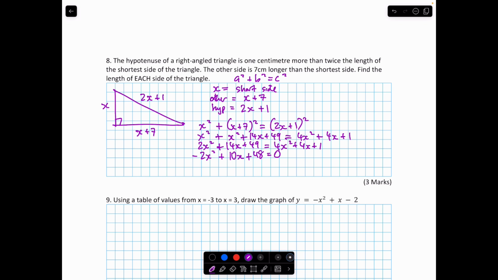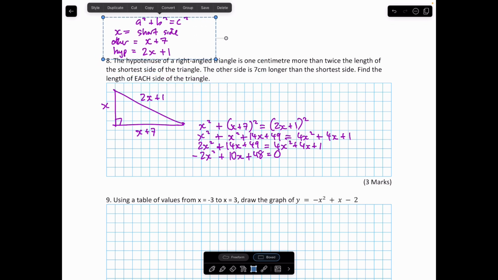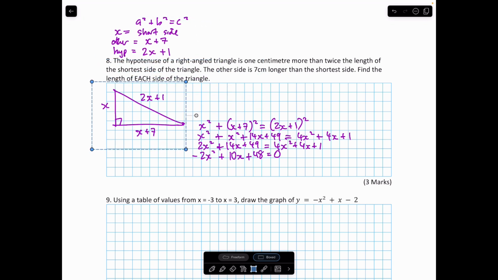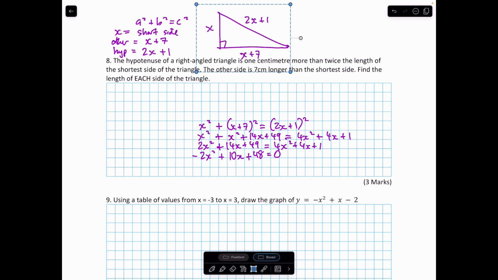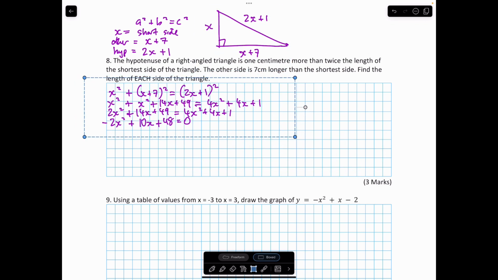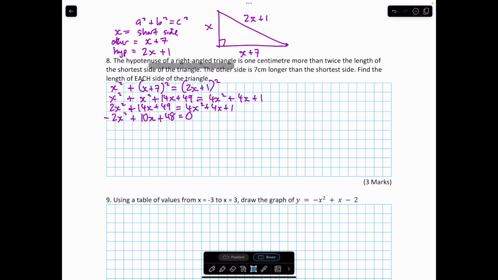To have space to do all this extra working out, because I'm going to show you how to do it the proper way and the quadratic formula way, I need to move everything. So I have it equal to 0 now. If I want to do it the proper way, I need to get rid of the -2 as a factor.